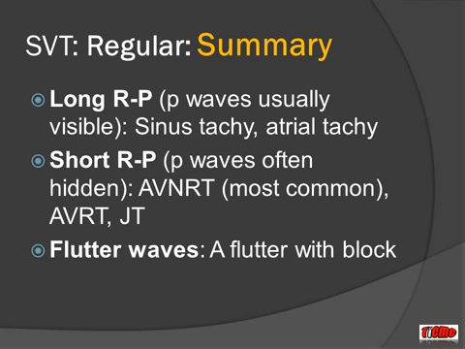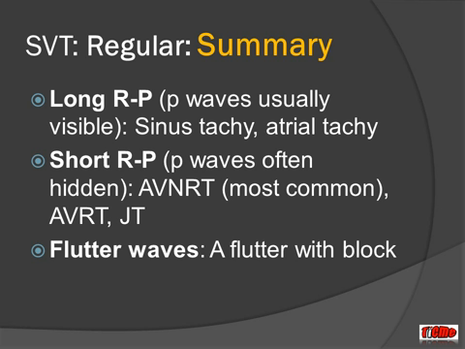So let's summarize our regular supraventricular or narrow complex tachycardias. Those with a long RP interval where we can see P waves are sinus tachycardia or atrial tachycardia, and remember, to decide between these it's best to have a sinus rhythm ECG and we can see if the P wave morphology is the same in the tachycardia.